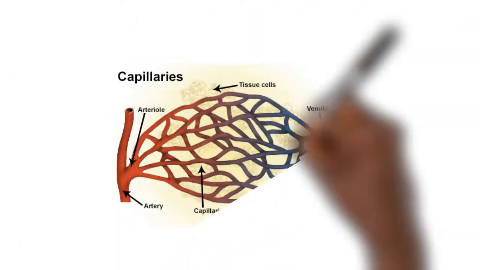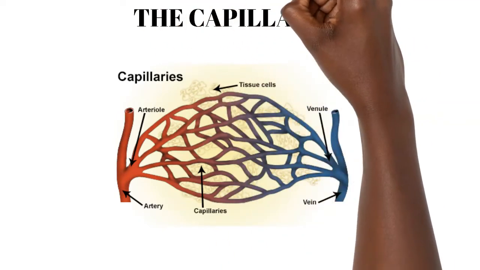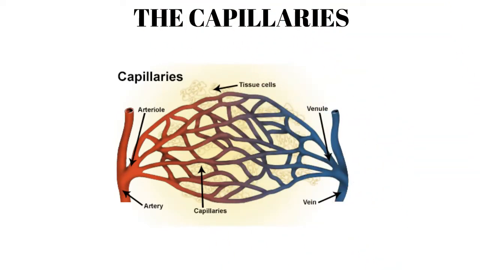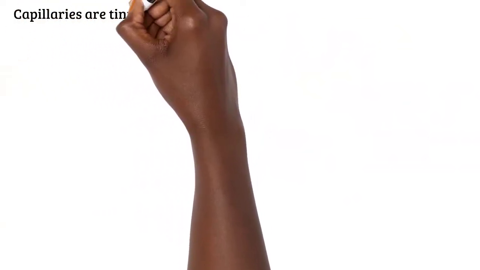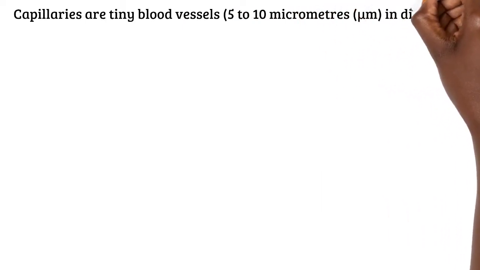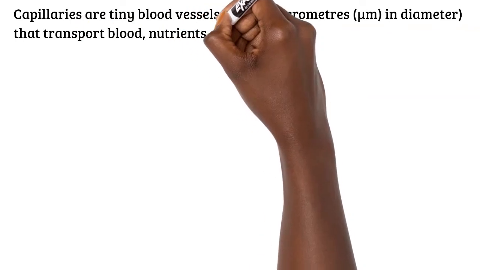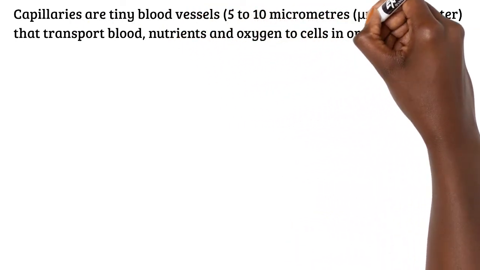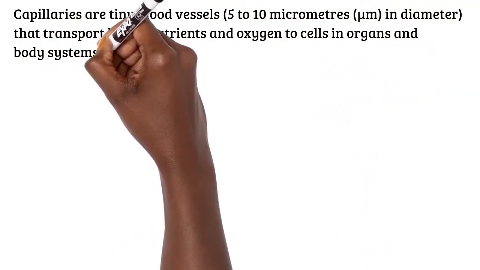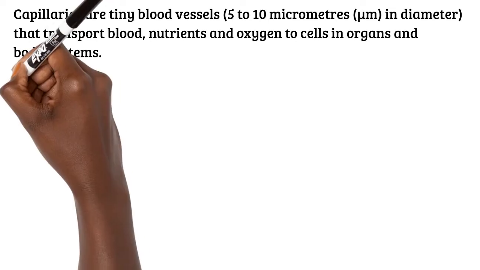Now let's move to the capillaries, which are a little bit different from the arteries and the veins. Capillaries are tiny blood vessels, usually between 5 to 10 micrometers in diameter, that transport blood, nutrients, and oxygen to cells in organs and body systems.